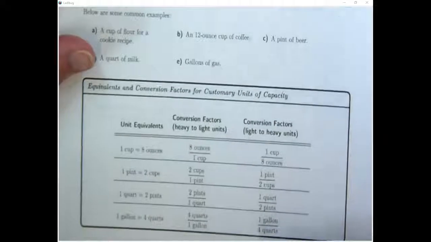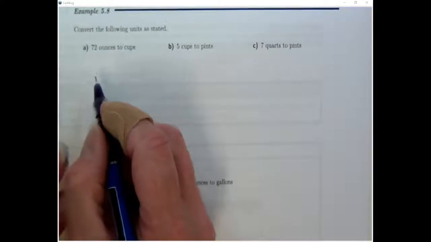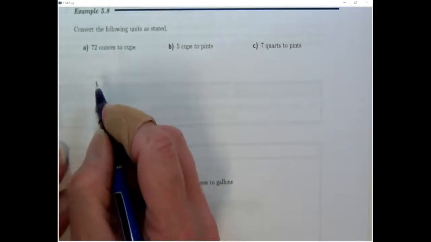So now we are on to page 53. On page 53, we have 72 ounces to cups.